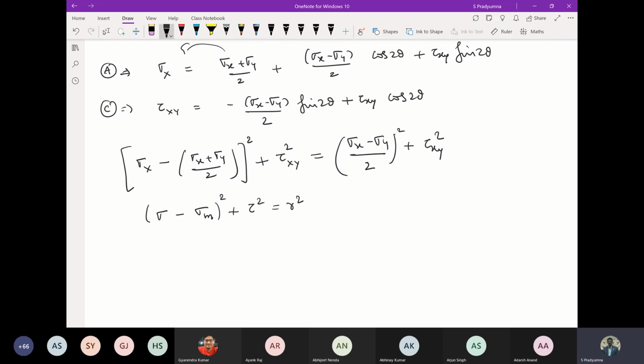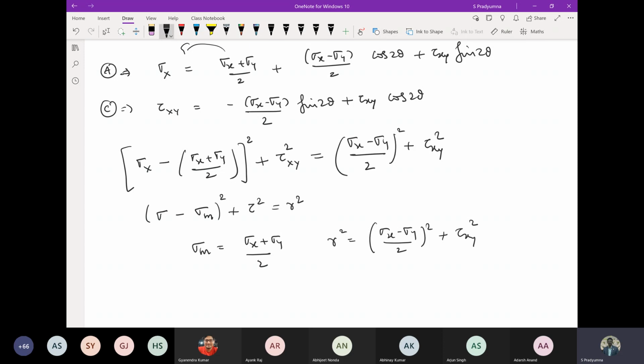That means sigma mean, sigma m, is equal to (sigma x plus sigma y) by 2, and r square is equal to ((sigma x minus sigma y) by 2) square plus tau xy square.